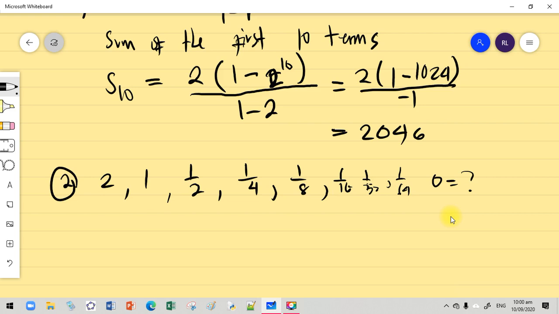Okay, obviously it will not go beyond 0, the negative numbers. So that is the case here. There's something like a limit to the terms, and it's actually 0, but it will not really get to 0, unlike in sequence number 1.